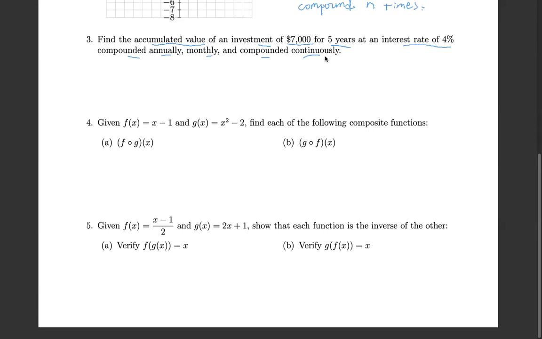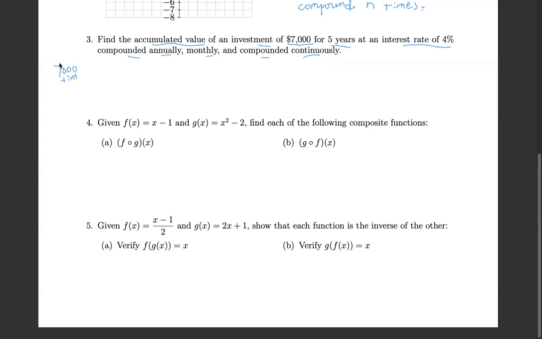Okay, let's understand the word compounded. What does compounded mean? When we invest money in the bank, in the institution, right? Let's say 7,000 in this case. That's called the principal. Then the bank will calculate interest according to the interest rate, and then they will add the interest to this.